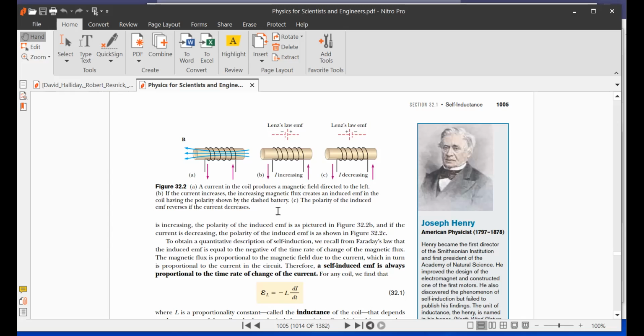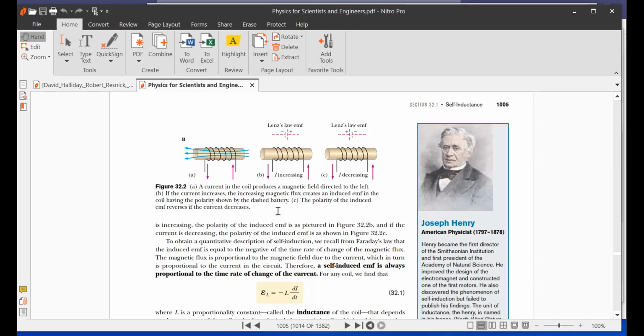In this section, we will discuss Henry's law of induction. Basically, these two pictures are equivalent at the level of a solenoid.